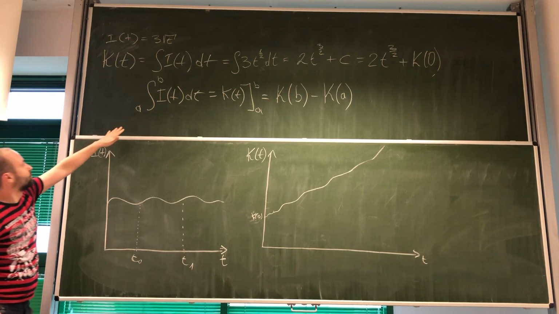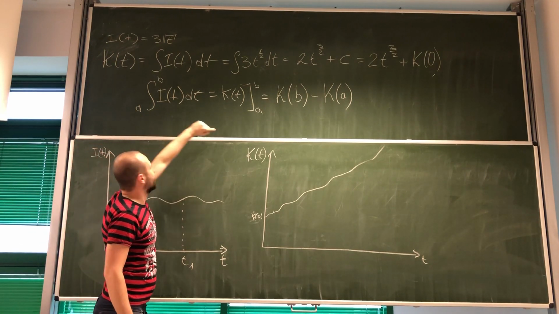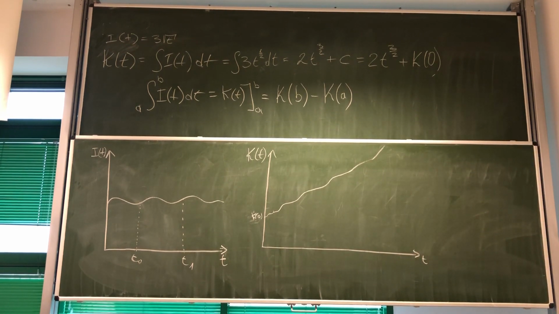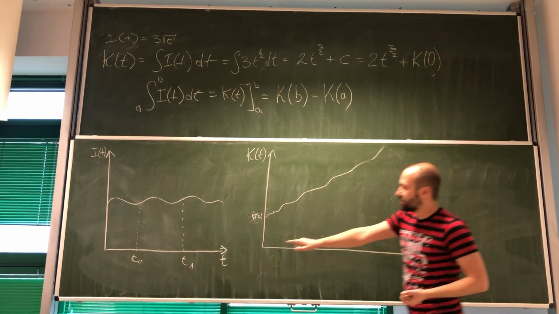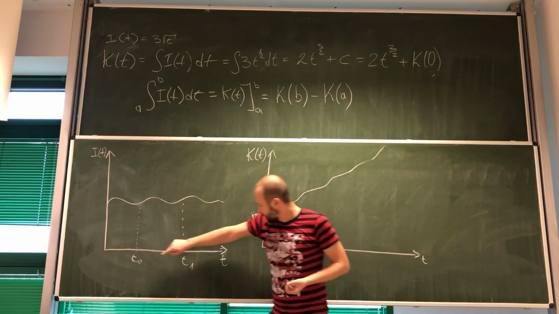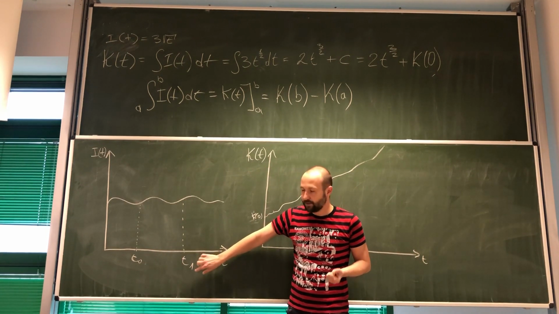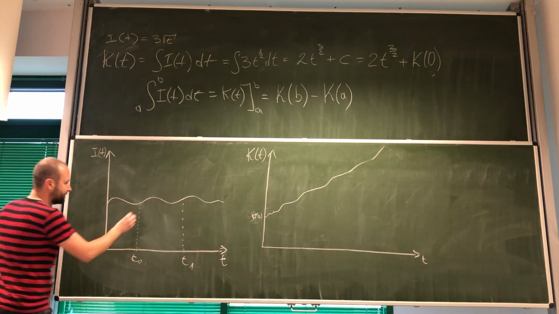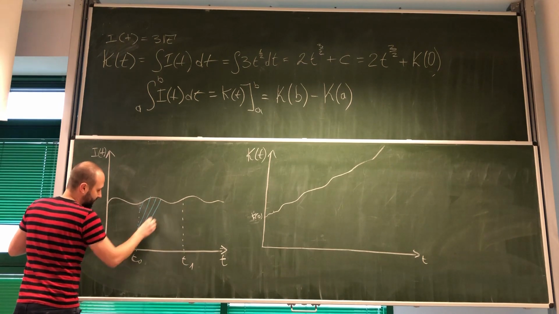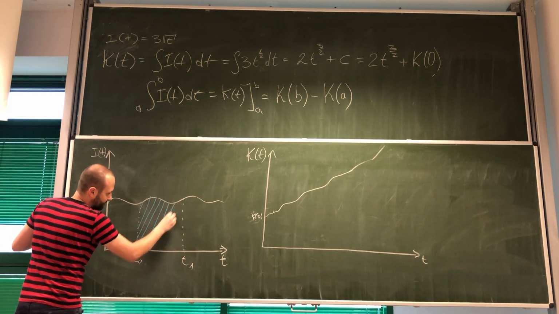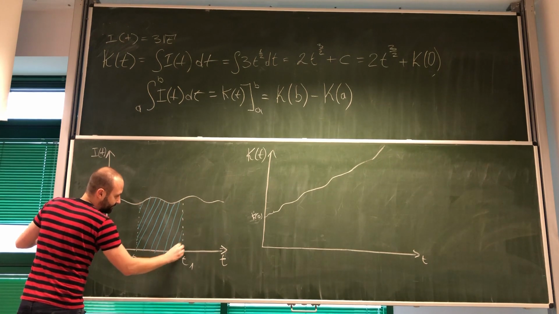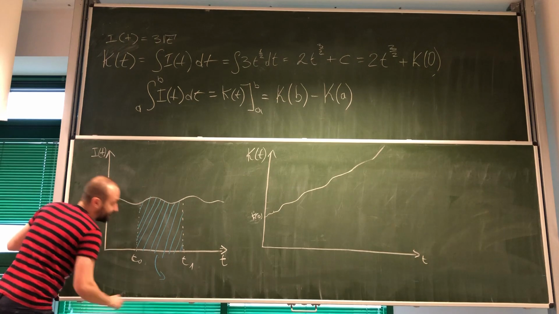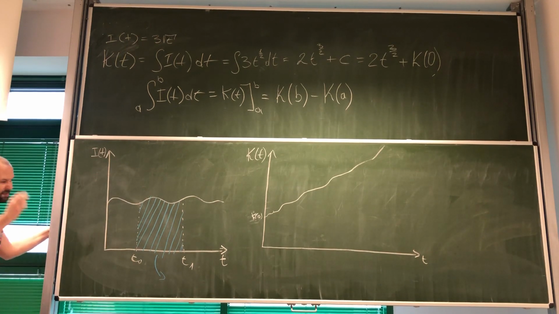Look, I would calculate a definite integral from some point in time t0 to some point in time t1. What would I get as a result? Well, as a result, I would get this area. Okay, and let's say that the size of this area is x.